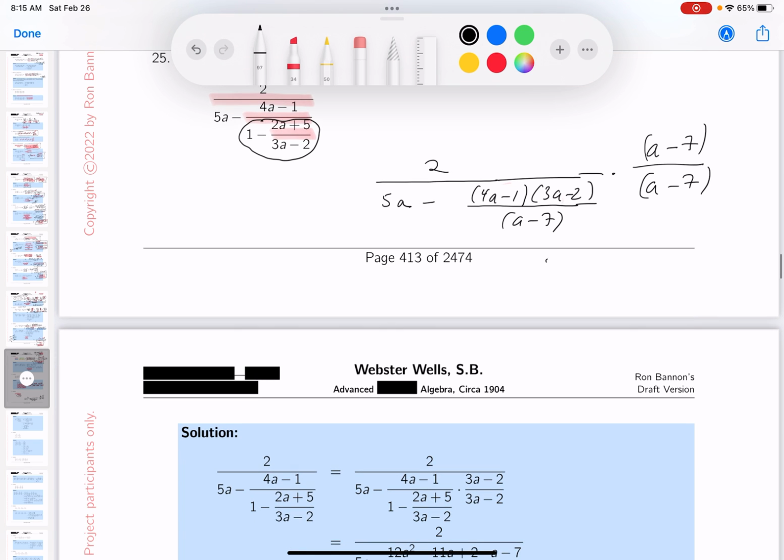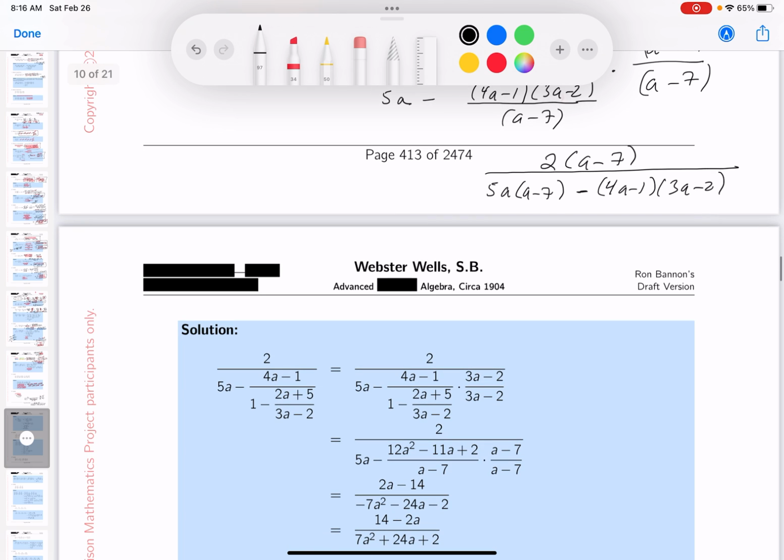Well, on top you just get 2 times (a minus 7). The bottom's a bit more complicated. You get a minus 7 times 5a, so 5a times (a minus 7), minus (4a minus 1) times (3a minus 2). Well, things are moving along somewhat, but I'm not done yet.